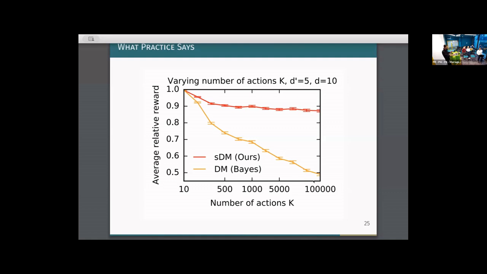In orange is a traditional method, and in red is a method that uses side information. When we have very few actions, the two methods have similar performance, because if you have 10 actions in total, it is very likely that your data will contain all actions. But once the number of actions increases, the gap between the two methods becomes very large.